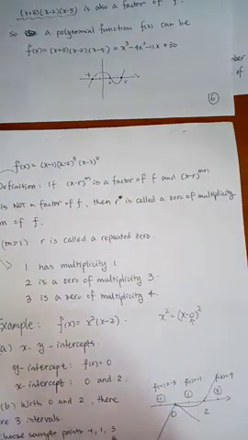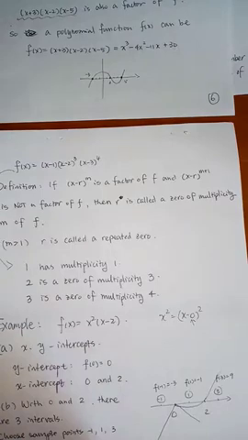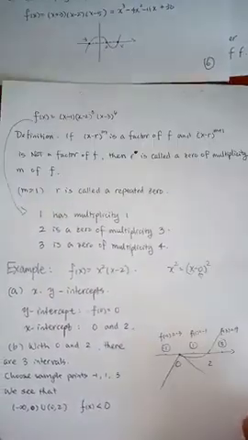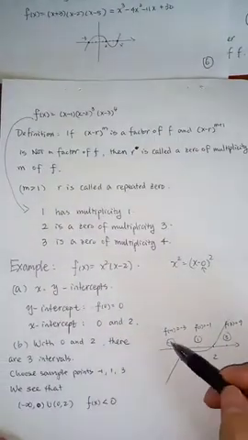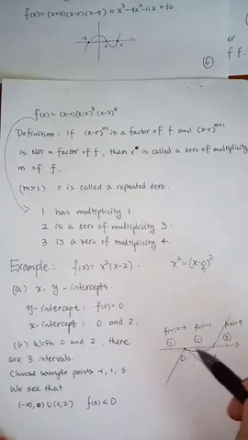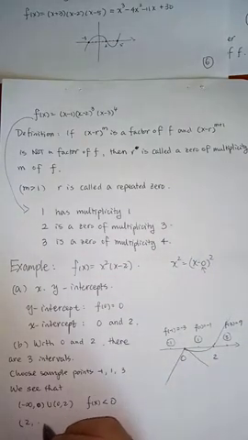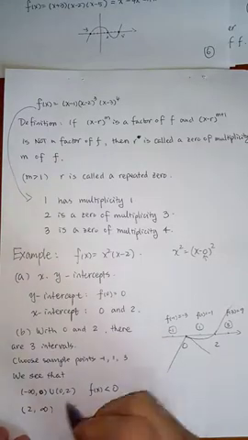We see that from -infinity to 0, and from 0 to 2, f(x) is negative. Over these two intervals f(x) is negative, and from 2 to infinity, f(x) is positive.